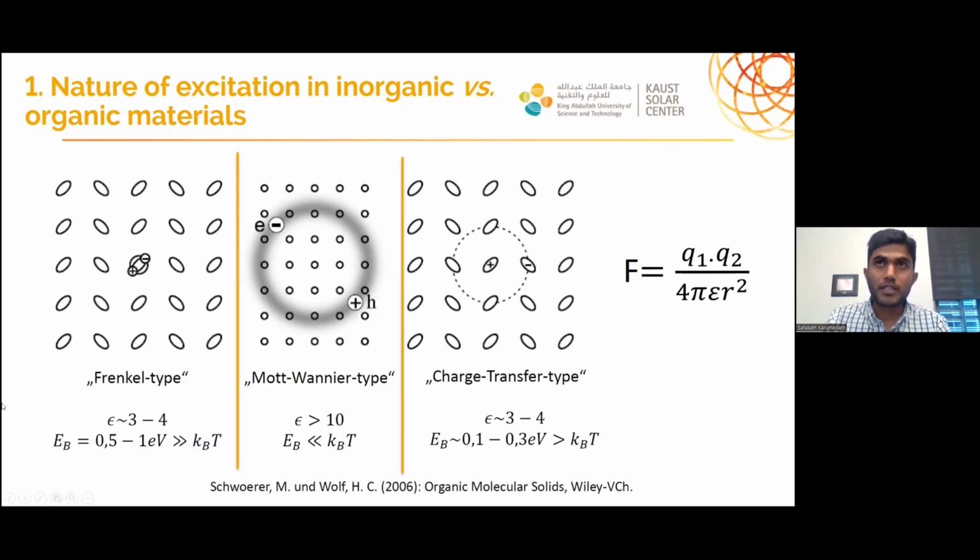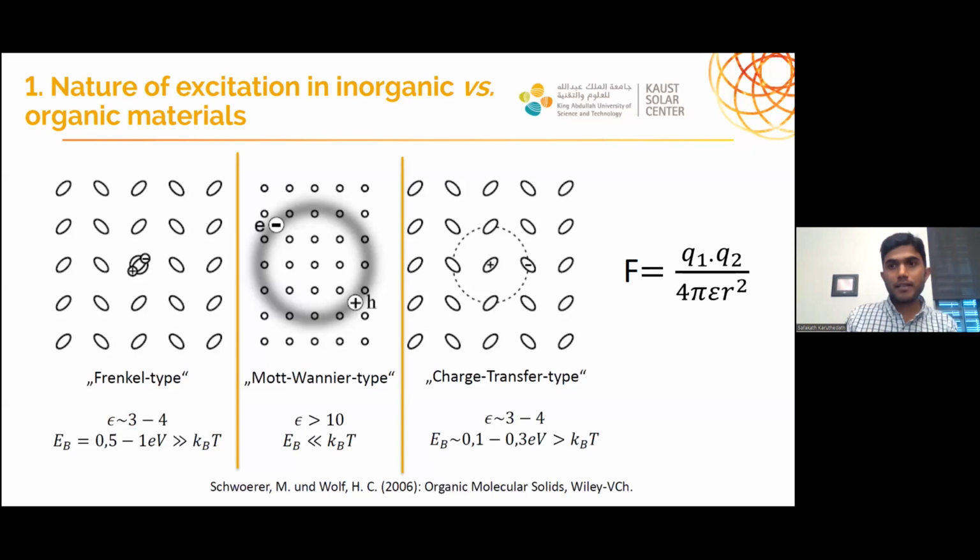Because of this tightly bound nature, we cannot simply separate them with the help of thermal energy. So we need some extra force to separate them and free the charges.